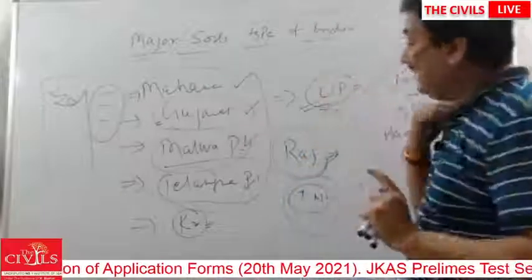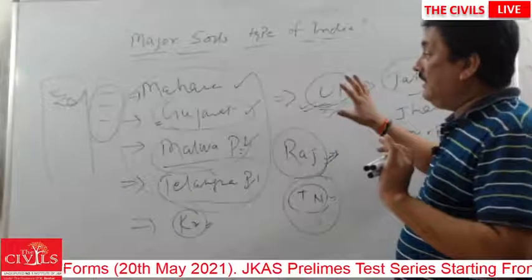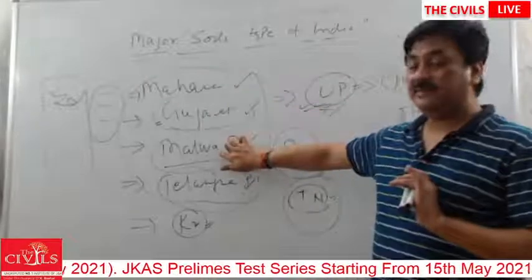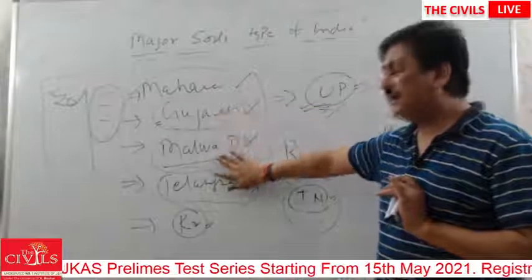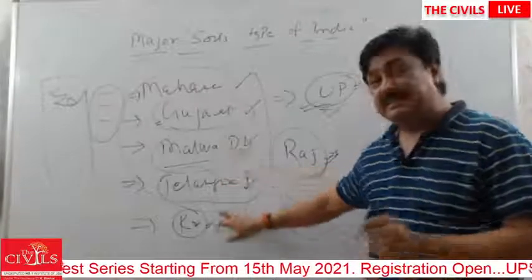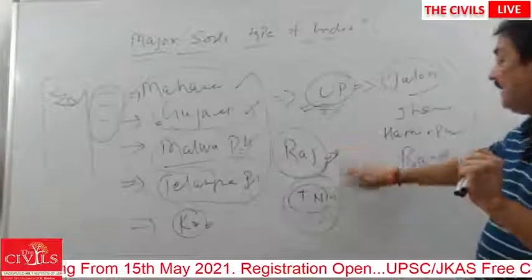Second, this soil is not only found in the three major regions, Maharashtra, Gujarat and Malwa, but also in some part of Telangana, northern part of Telangana, some part of Karnataka, also in Rajasthan, Tamil Nadu and UP.